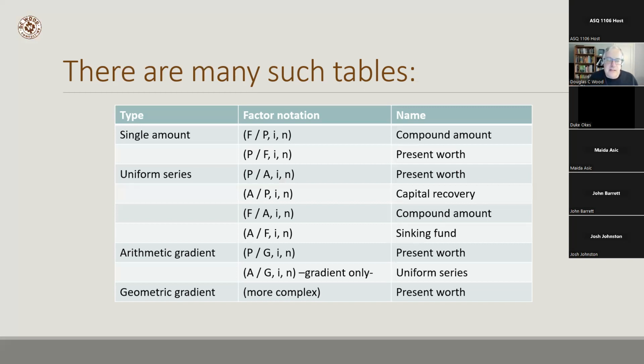What's interesting about that is you can use these same tables for months, count your N as a month, but your interest rate must be monthly interest. You could use N as days, but your I must be daily interest. As long as it's all in lockstep, then the tables have exactly the same values in them.